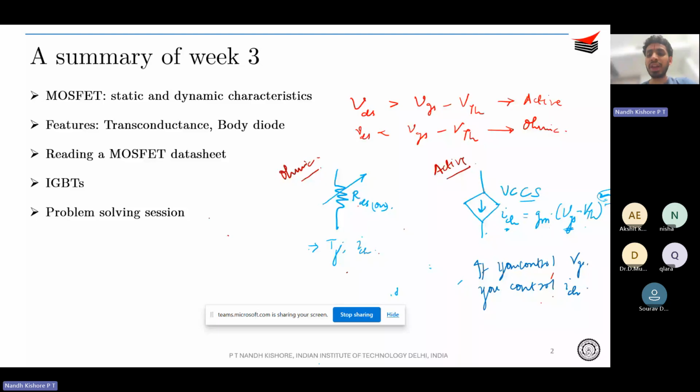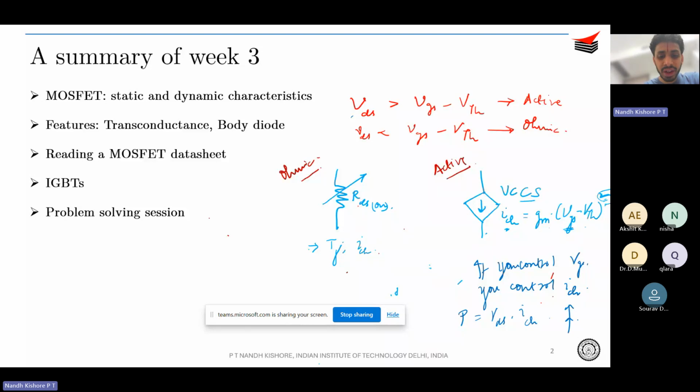But of course, you know that if it is acting as a voltage controlled current source, or if it is in the active region, your VDS is pretty high, right? So the power dissipation across the device is going to be VDS, which is a fairly high quantity, multiplied by I channel, and this is going to be really high.